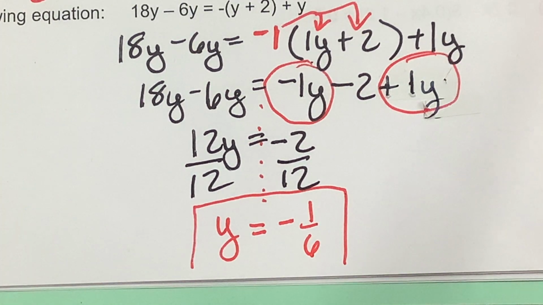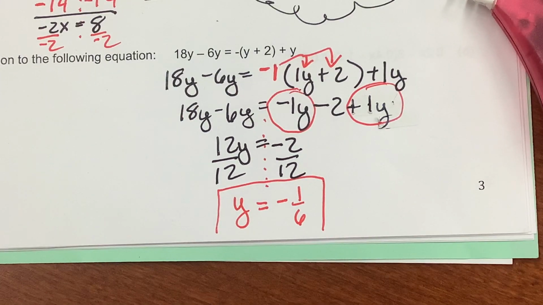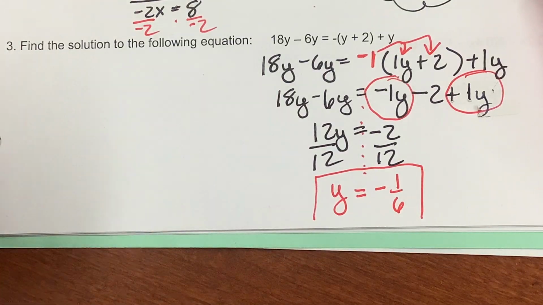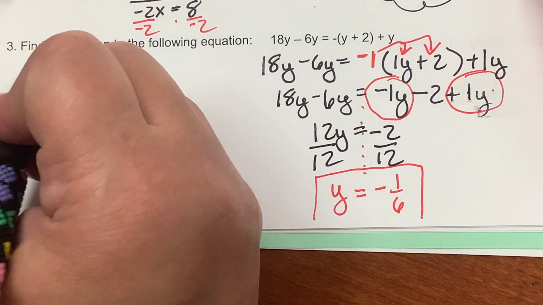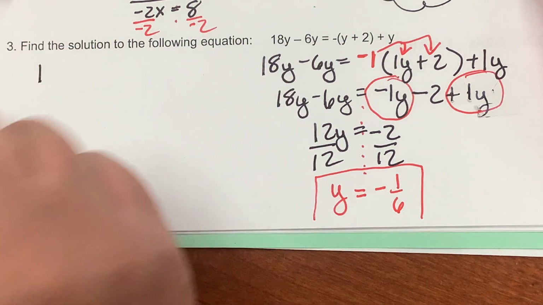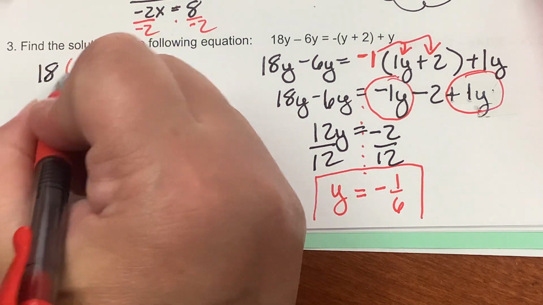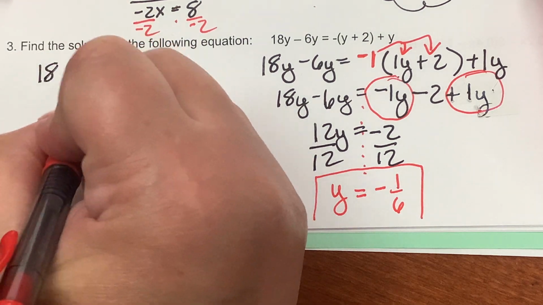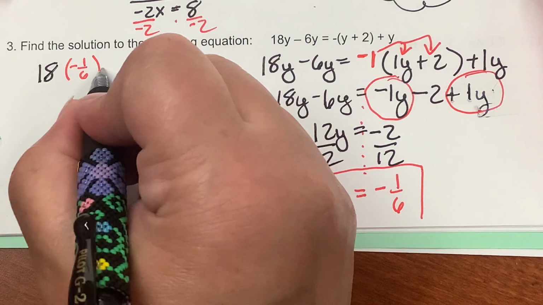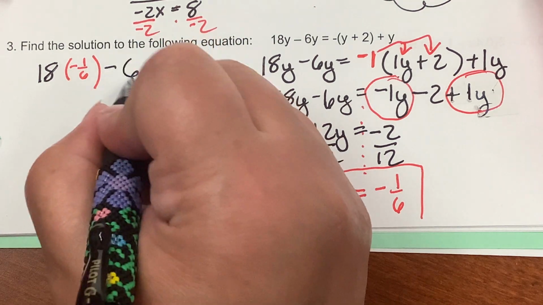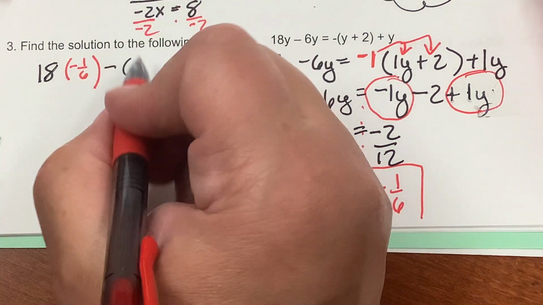And I don't like that answer, so I'm going to check it, because I don't trust fractions, and I really don't trust negative fractions. So let me just shrink that down, move it over, and I'm going to check it. So first, I'm going to put it in the left half of the equation. 18 times negative 1/6 minus 6 times negative 1/6.